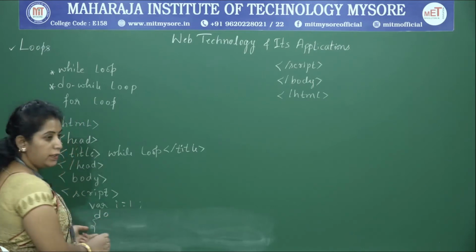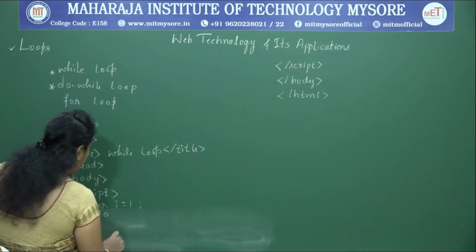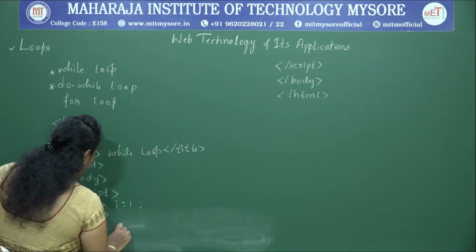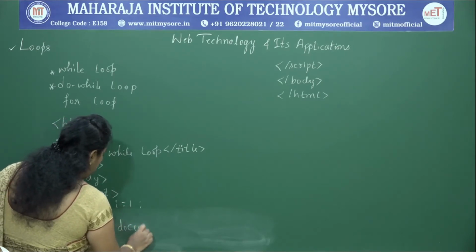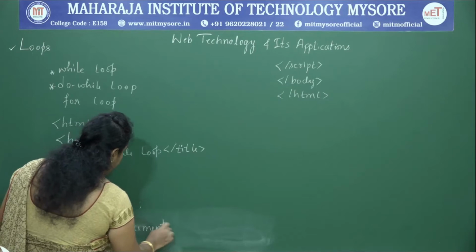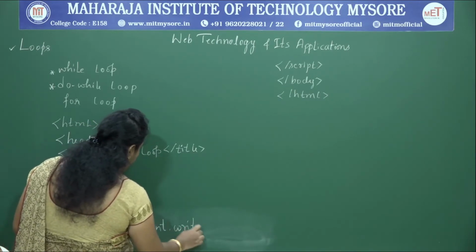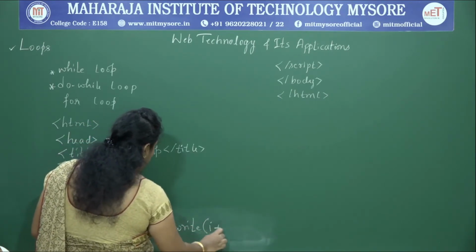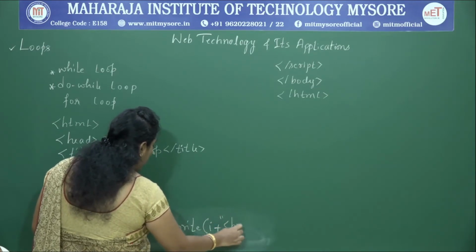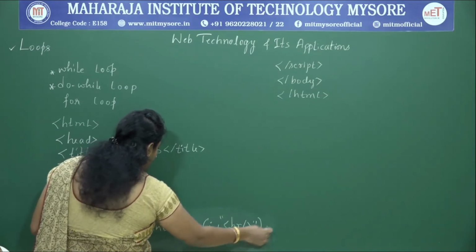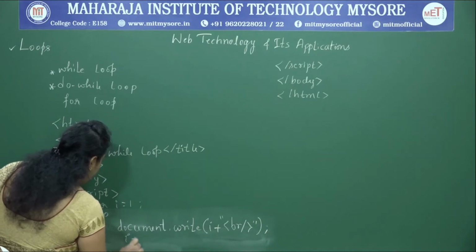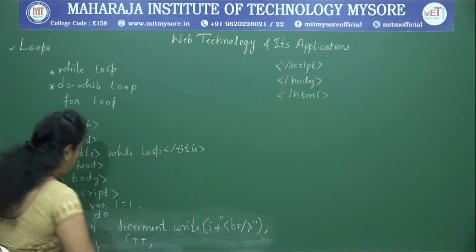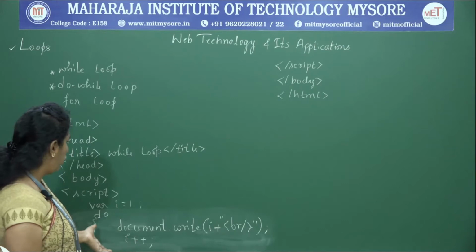Inside the body I have to give document.write, print the i value, then you can use break. After that i gets incremented. So this is how you can use the do block.